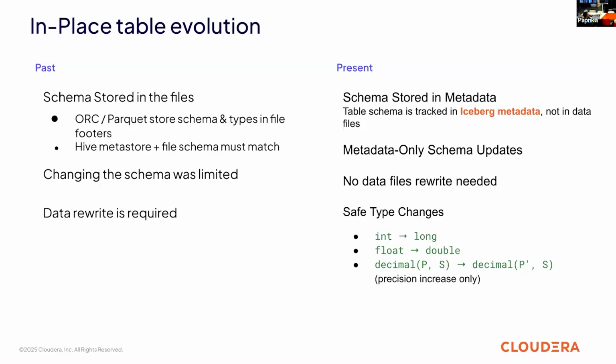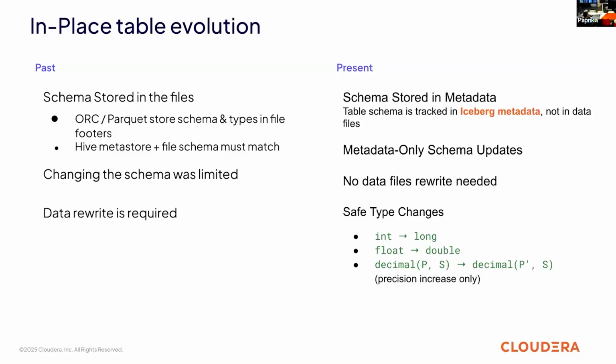Now in the present with Iceberg, again, everything is metadata. If you change something, it is changing in the metadata. You are even able to change the name of a column, let's say from ID to customer_id, and we don't have any type of problem because the engine will be smart enough to handle it, and there will be tracking internally. And the majority of the time, you do not need to rewrite.